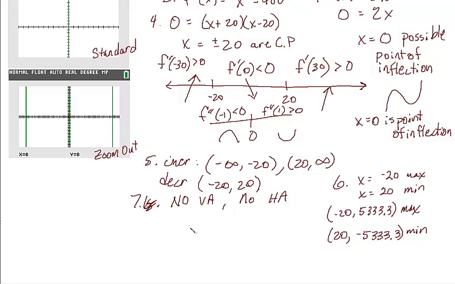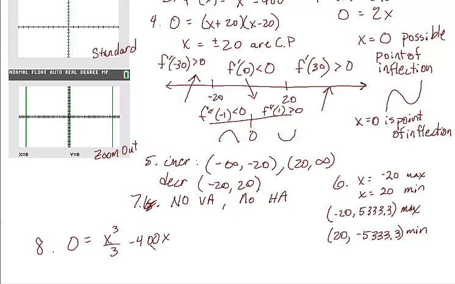Then let's see, intercepts, where does it cross the x-axis? So for number 8, I need to say at which point is y equal to 0 here, so that would be, I think it was x cubed over 3 minus 400x.